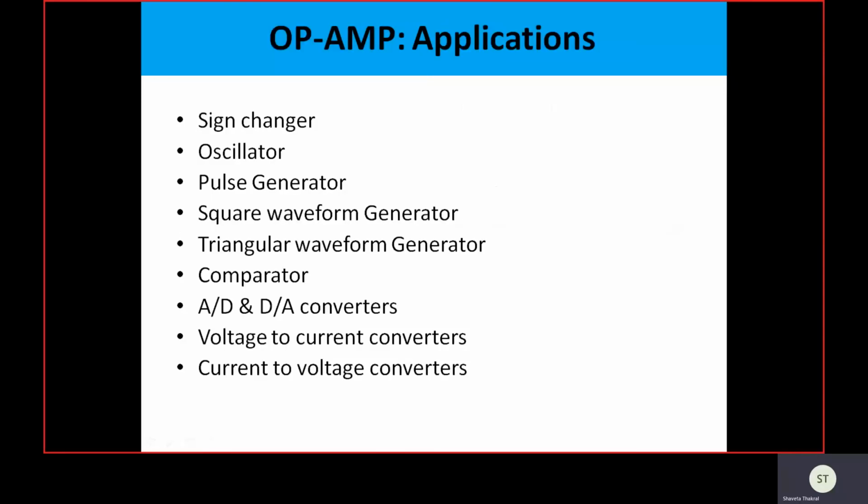But nowadays the operational amplifier is utilized for other applications also, like it can be utilized as a sign changer, oscillator, pulse generator, square waveform generator, triangular waveform generator, comparator, analog to digital and digital to analog converter, voltage to current converter and current to voltage converter.